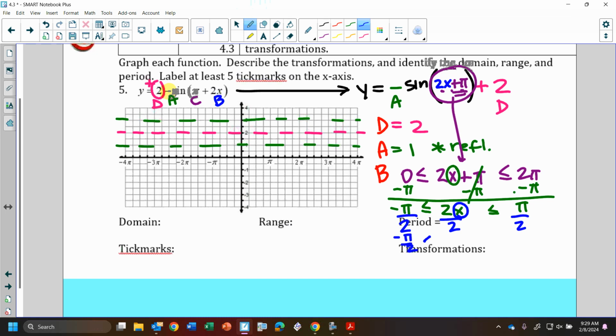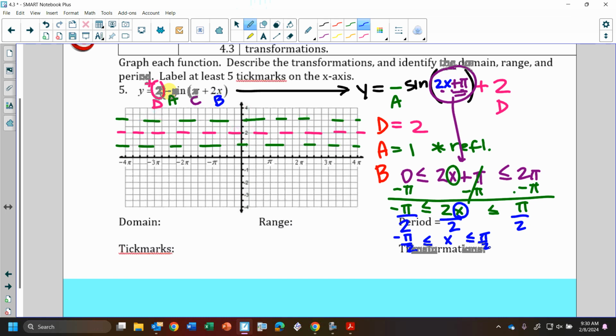Negative pi over 2 to positive pi over 2. Those of you that worked ahead, did we get those right? Yes. Couple of us, yes? Great, great. Cool. Hopefully this shows you another way to do it, yeah? And you did the factor out b to c and went from there.